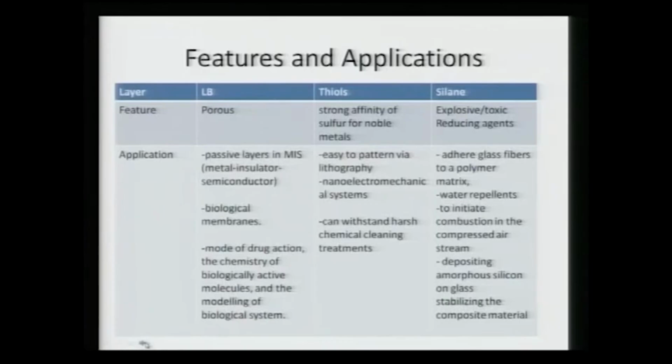So, in comparison, we can see Langmuir-Blodgett films can be porous. So, we can also control the porosity depending on the pressure or the kind of structure we use. Whereas thiols have very strong affinity for sulfur for noble materials. So, sulfur has a very high affinity for noble metals.